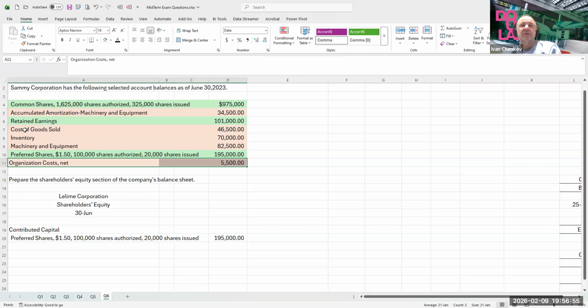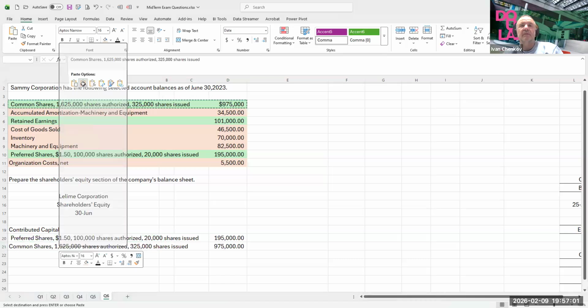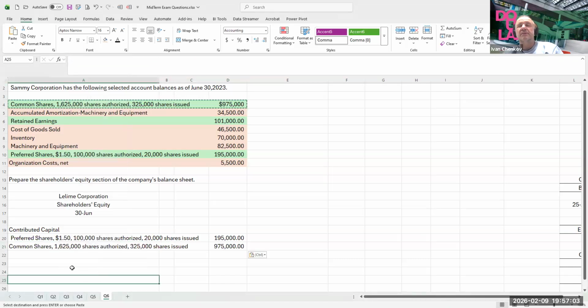We did get the preferred shares first. Second one will be the common shares. So how much will be our contributed capital?